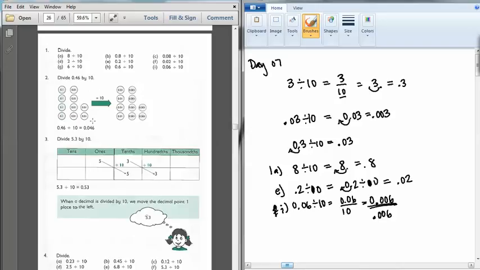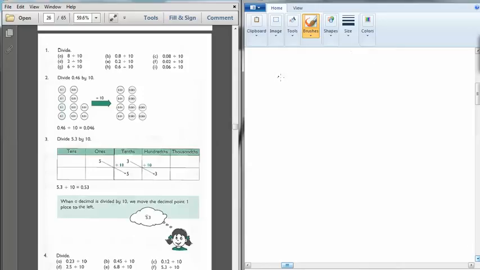Why don't we just stick with move it to the left one time. Again, 5.3 divided by 10. Move it to the left one time, so I have 0.53. And done.